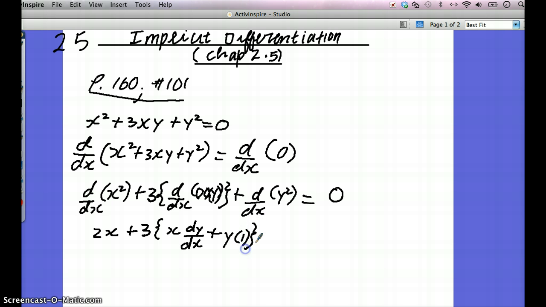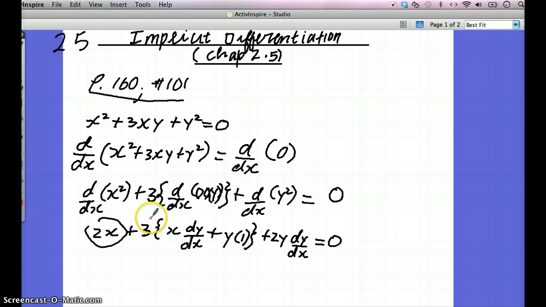That product is done, and we come to the derivative of y squared, and that's going to be 2y times dy by dx. That's going to be equal to 0, and the drill is going to be the same. We want to leave the dy by dx terms on the left usually, and put all the other terms on the right.